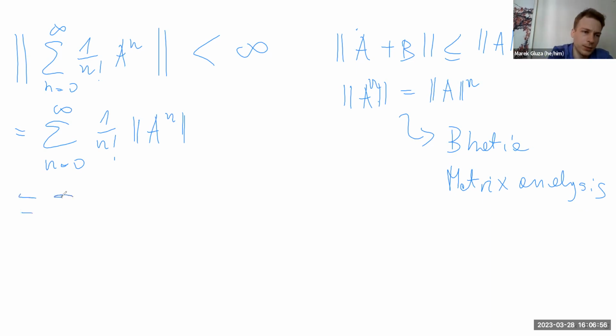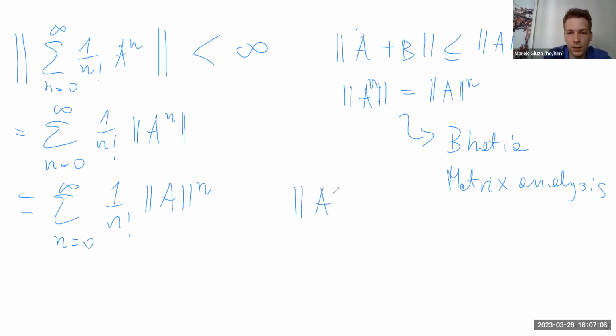So when I use this quick result from Bhatia, 1/n factorial, I get the norm of A to the power n, okay? And this A, I can just call it a number a. Sorry, this was an inequality because I used this triangle inequality.